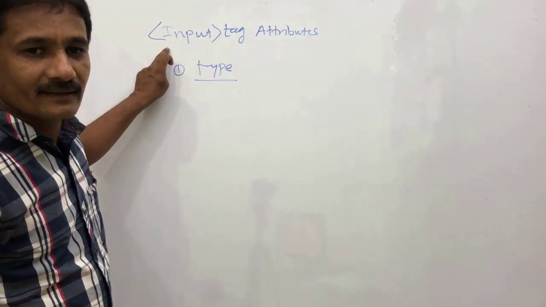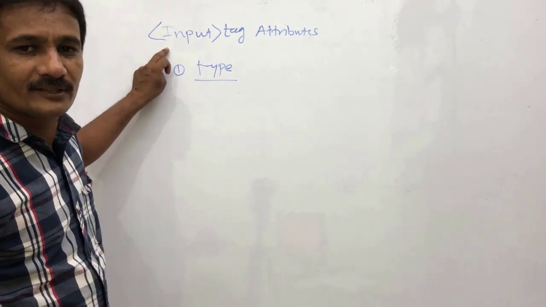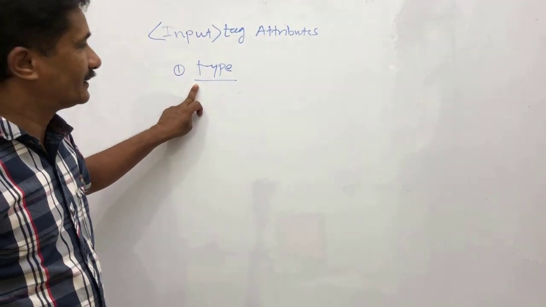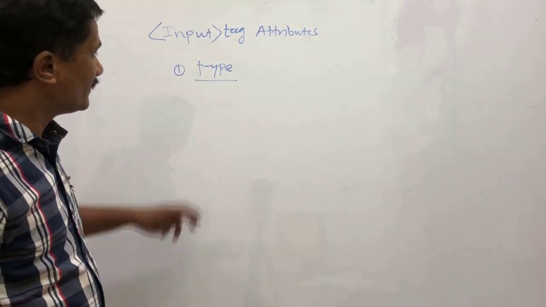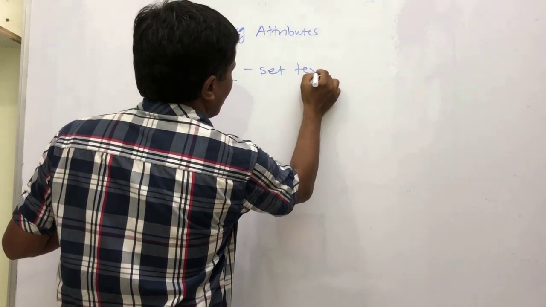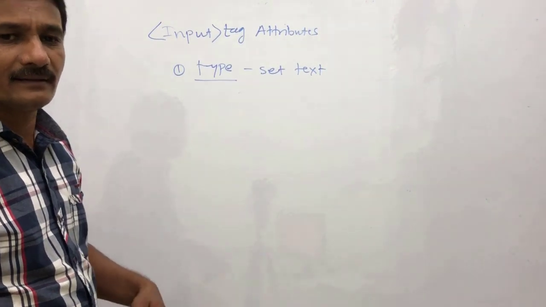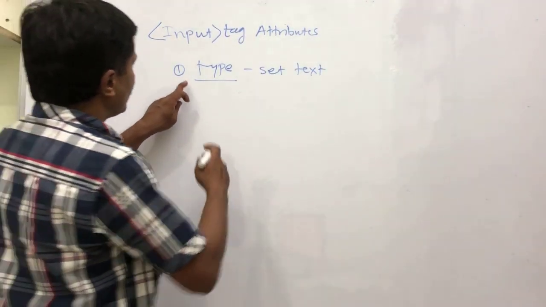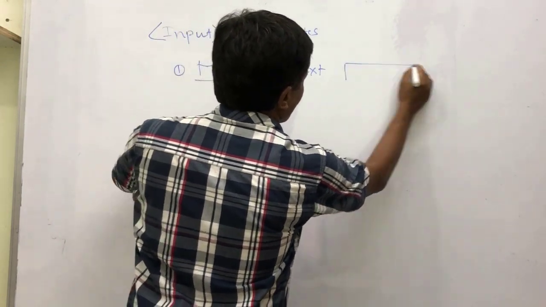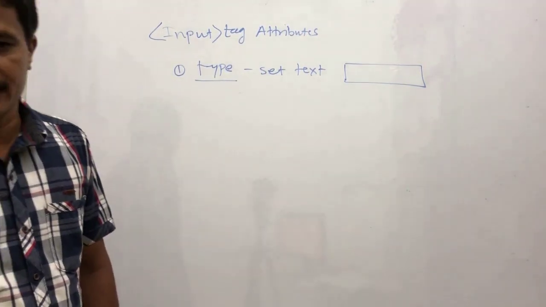Type indicates the type of input control, and for text input control it will be set to text. User can enter the text using input type is equal to text. A single line text box will be created.